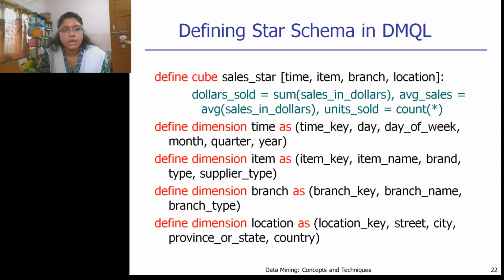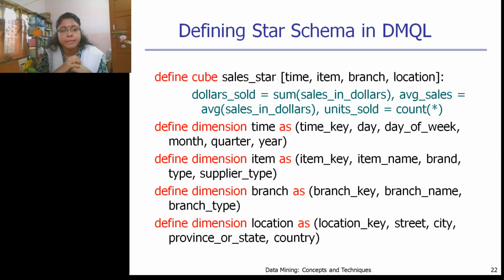This is defining the star schema in DMQL. A star schema, as we all know, has only one fact table and different dimension tables. So define sales_star, that is the data cube name. Then the different dimensions, time, item, branch, location, in square brackets, and then a colon.